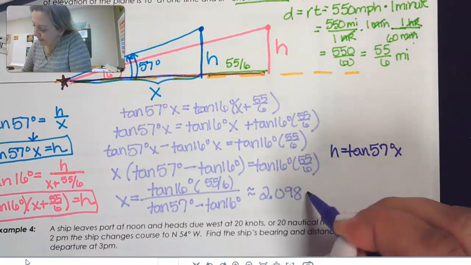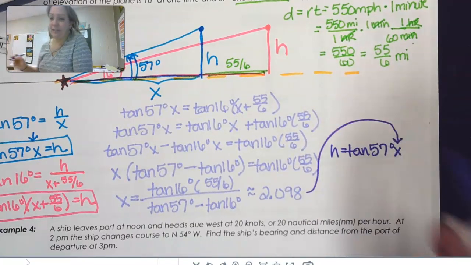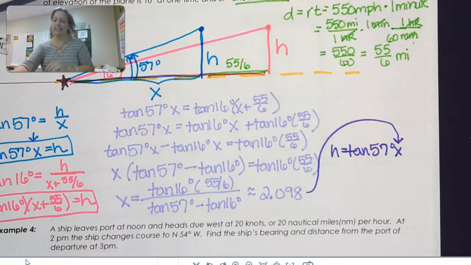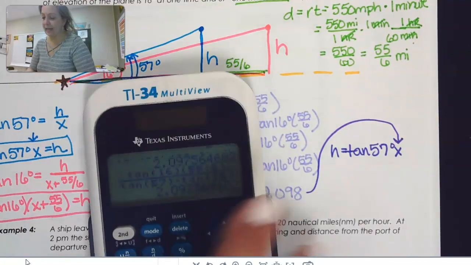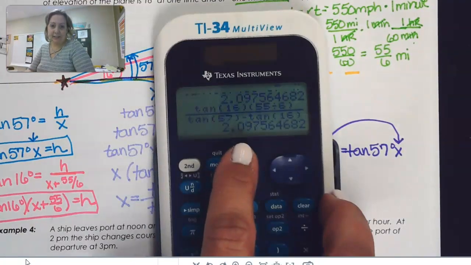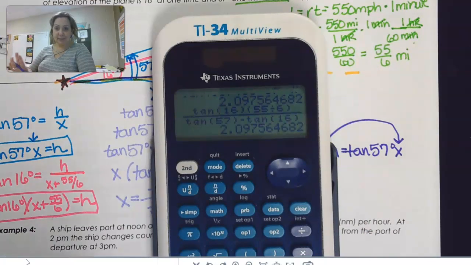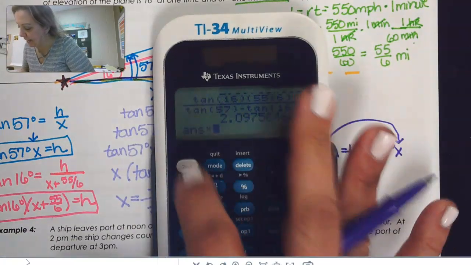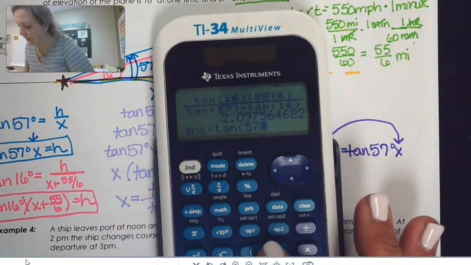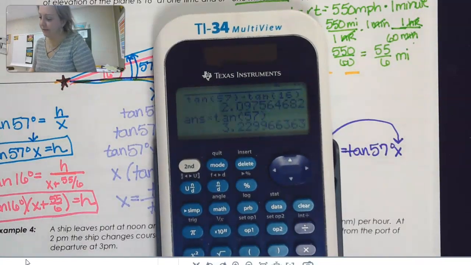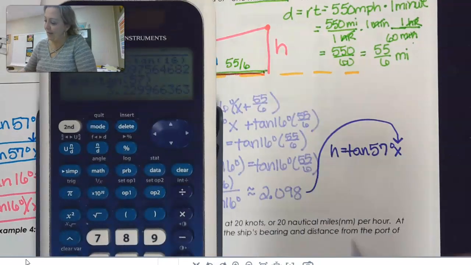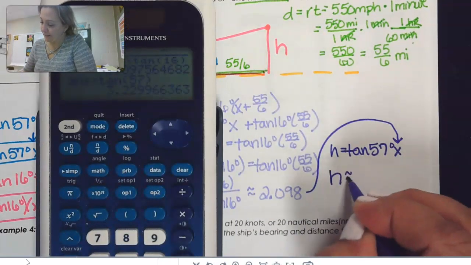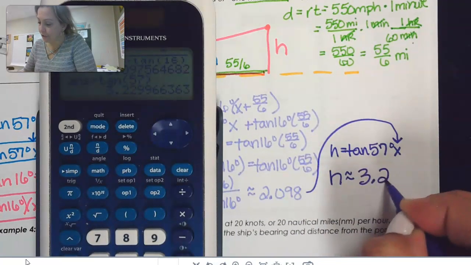And I'm going to keep this number in my calculator and just multiply that by the tangent of 57 degrees. So my number is still in the calculator. I'm not chopping off decimals yet. I'm going to take this number and now multiply by the tangent of 57 degrees. Now I can round to the nearest hundredth because we were looking for h.